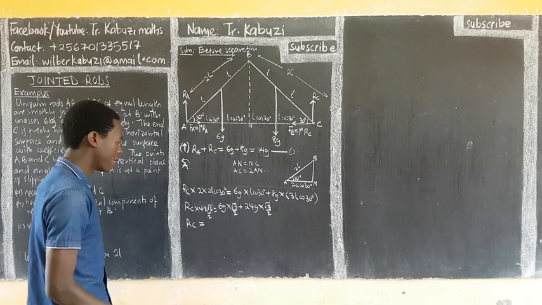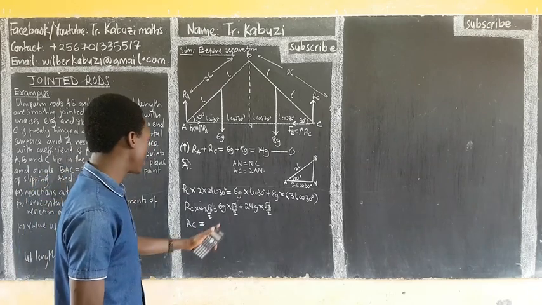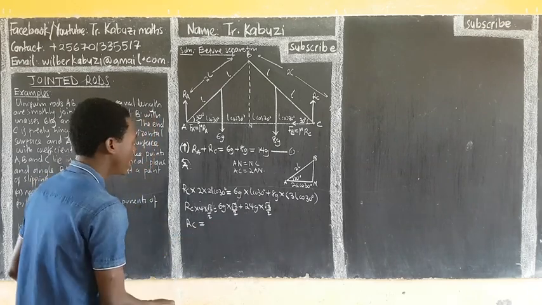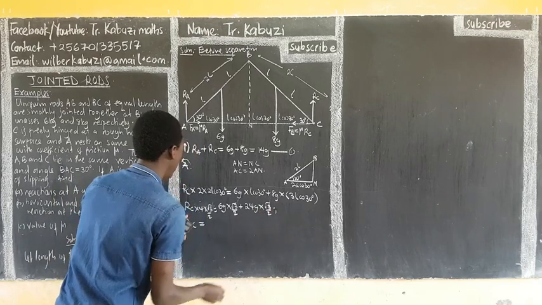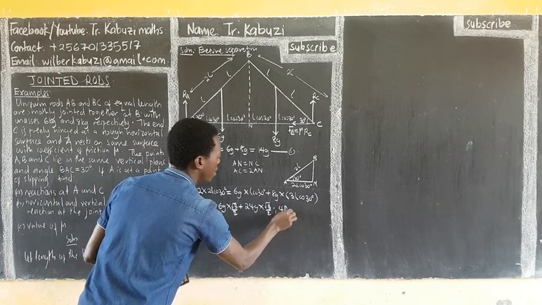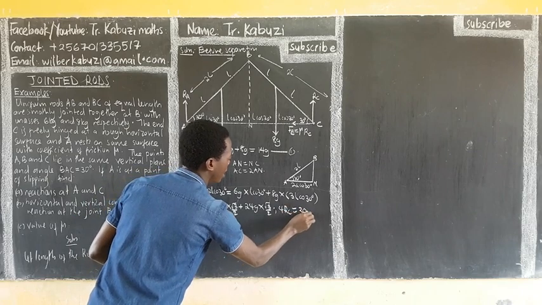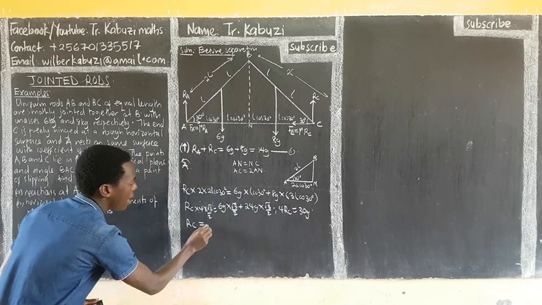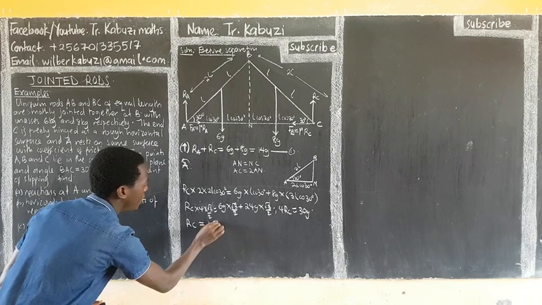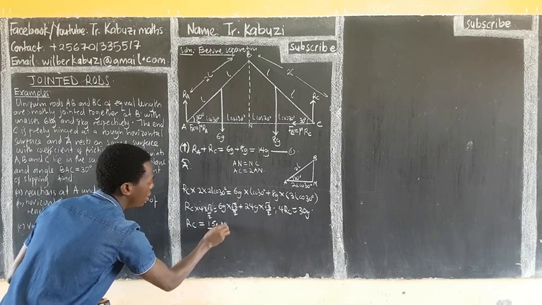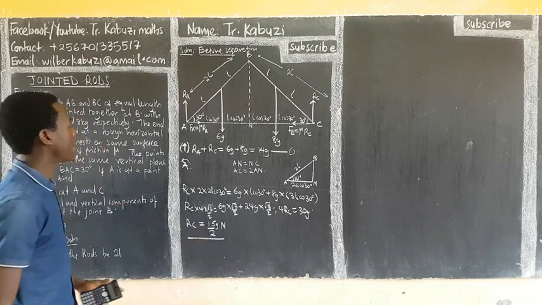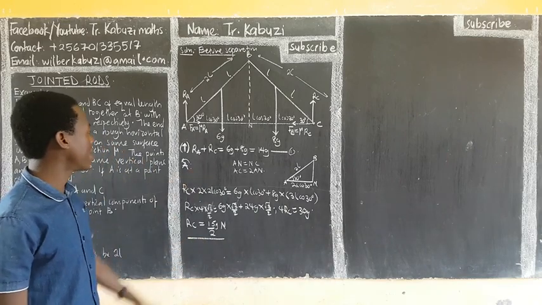So now this is going to give us 30. Which will give us 4 RC equal to 30 g. And from there, our RC is going to be 15g over 2 newtons. That is our RC. So from here, we can come and get our RA.